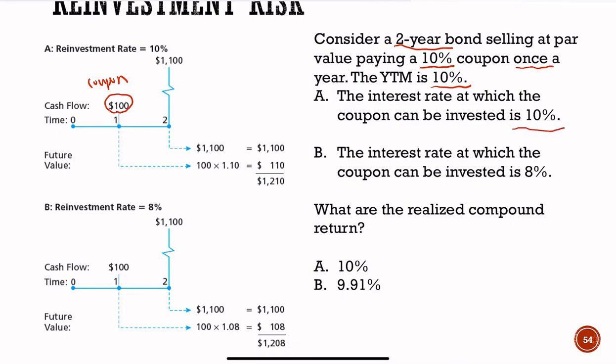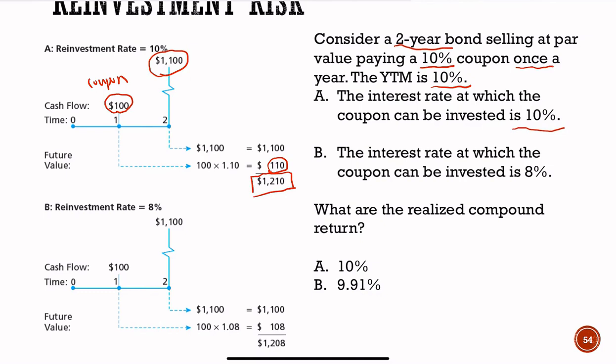So after 1 year, this $100 will become $110. Very easy calculation. And then at the end of the 2nd year, you will get 1,000 par value and you will get your coupon payment. So you will get $1,100, right? So basically you can see that the total future value of your bond when it matures is $1,210.